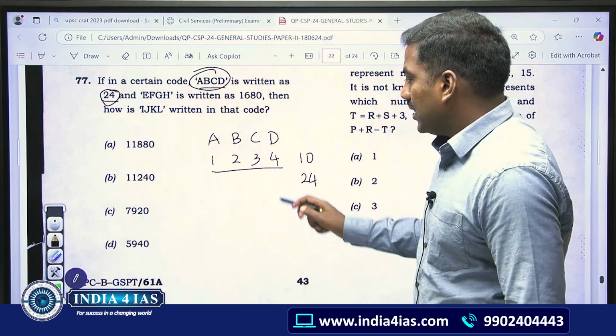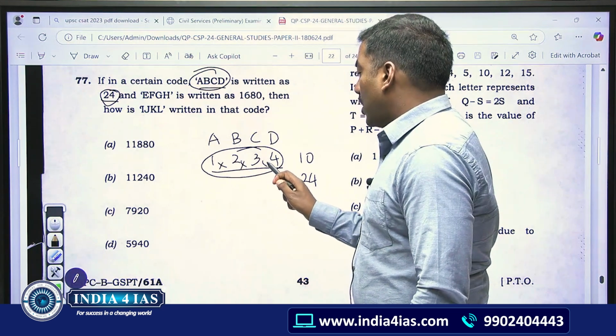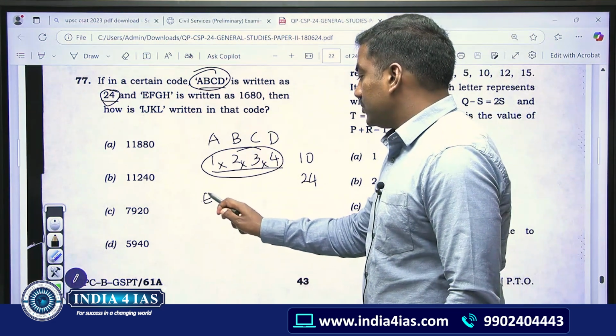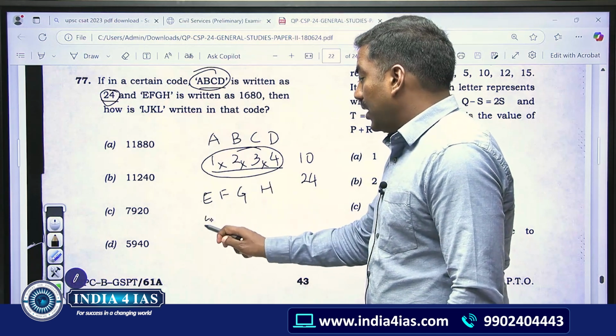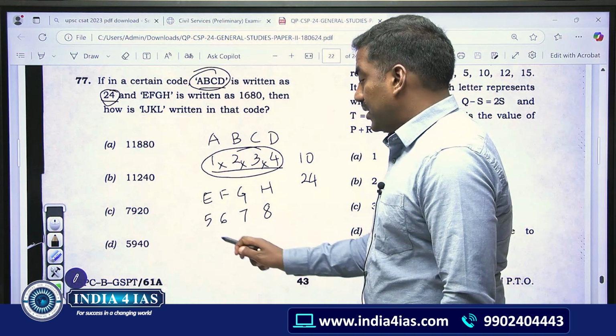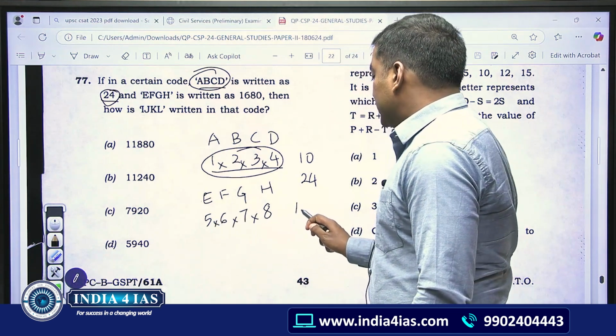That means this is the product of their order. So EFGH also. Similarly, EFGH: if you look, E is 5, F is 6, G is 7 and H is 8. 5 into 6 into 7 into 8, I'll get 1680.